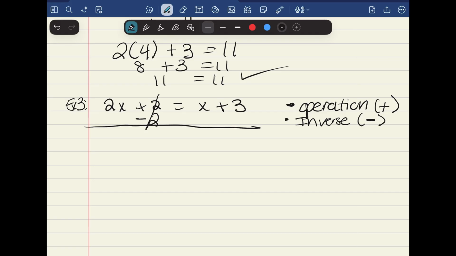Okay, whatever I do to one side, I do where? To the other side. Okay, so let's break everything down that we haven't used yet. 2x equals x. Okay, let's go ahead and solve for positive 3 minus 2. So if I have 3 things, I take 2 away, I have 1. Positive 1.